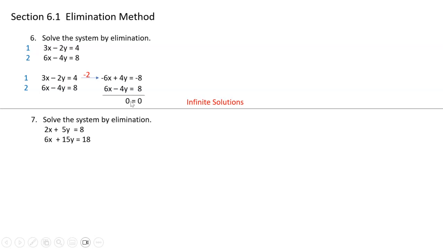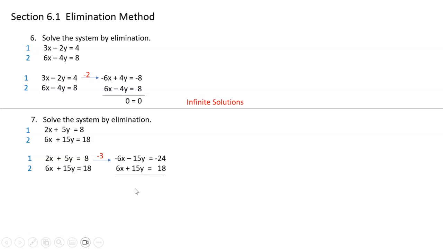Now, what happens when the left side and the right side are not the same constants or the same values with no x's or y's? Here's what happens. I'm going to multiply the first equation by -3, so I can cancel the x's. They'll give us -6x minus 15y equals -24.